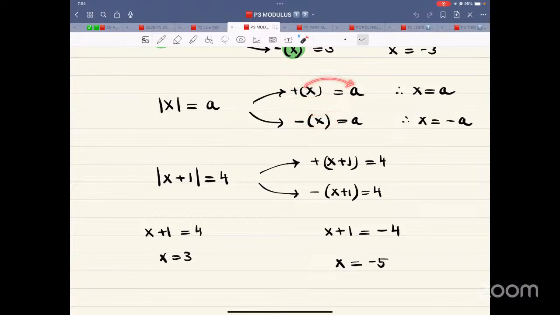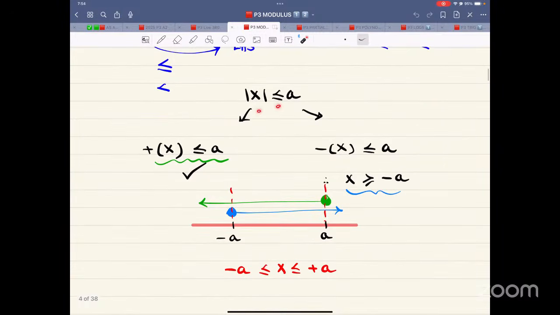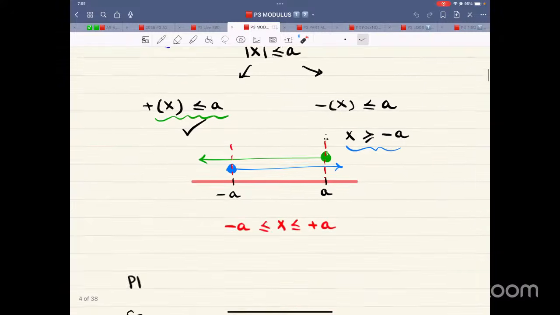That means x equals a, therefore x equals negative a. Similarly, if modulus x is less than or equal to a, x is positive less than or equal to a, x is negative less than or equal to a. Therefore, this becomes x is greater than or equal to minus a. We draw them on the same number line, and this is the result. So case one will be opened up this way.